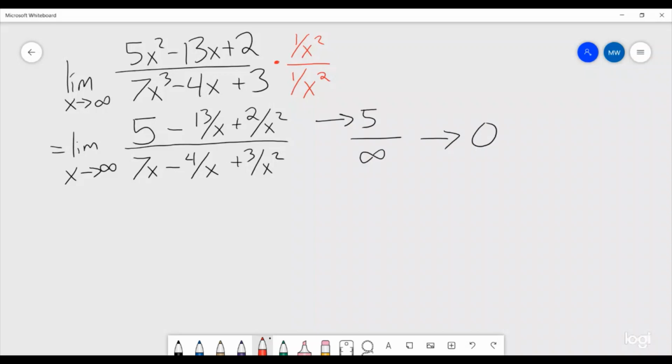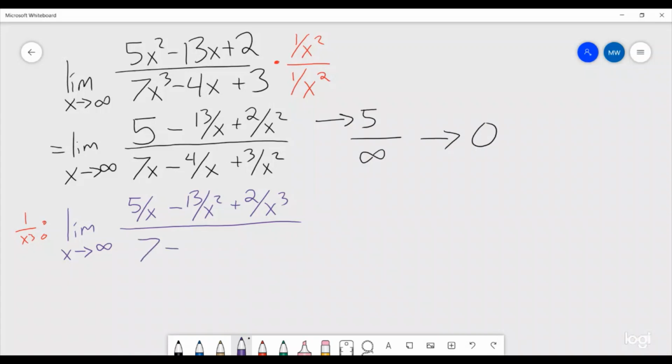This would have become the limit as x goes to infinity of 5 over x minus 13 over x squared plus 2 over x cubed, all over 7 minus 4 over x squared plus 3 over x cubed. And when we evaluate this, the top of this limit is going to 0 over 7, which is also going to 0. So whichever way you think of it, both of those are ways that you can approach this.